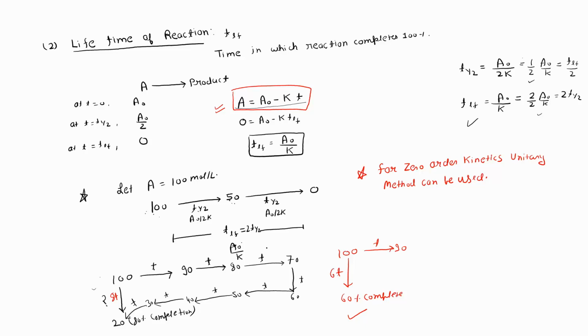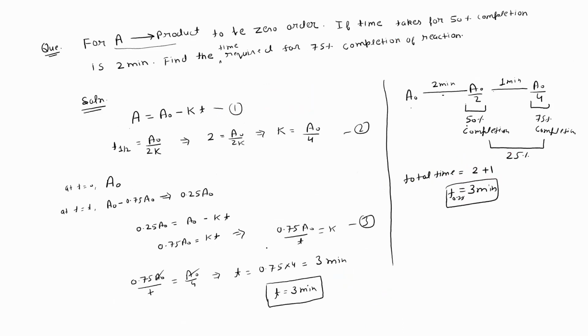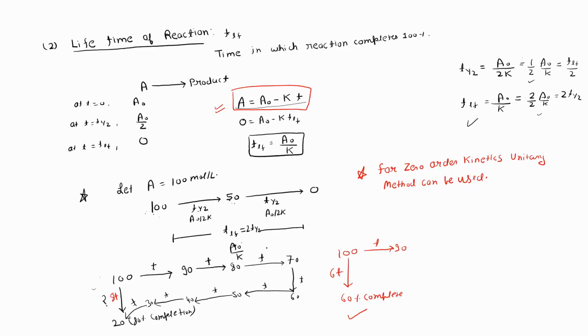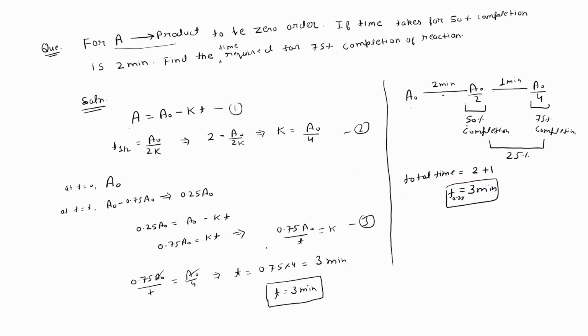So this is the shortcut method we can use to save time for a competitive exam, but for the board exam, we have to use the whole step to get the final result. Then we have solved some numericals, and in that numerical, we have talked about how to solve step by step and how to solve by the shortcut method, that is the unitary method.